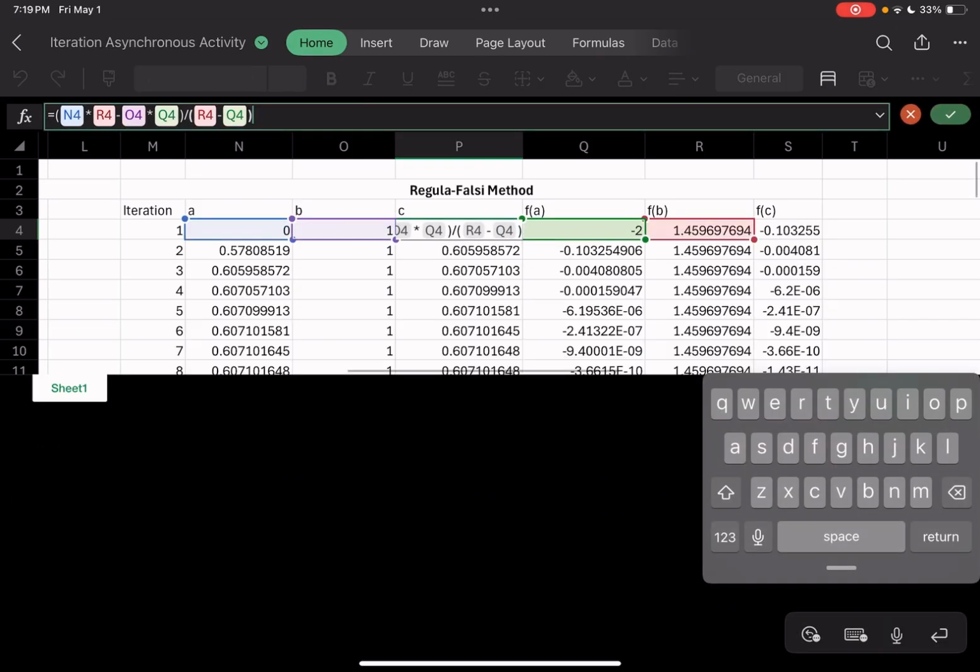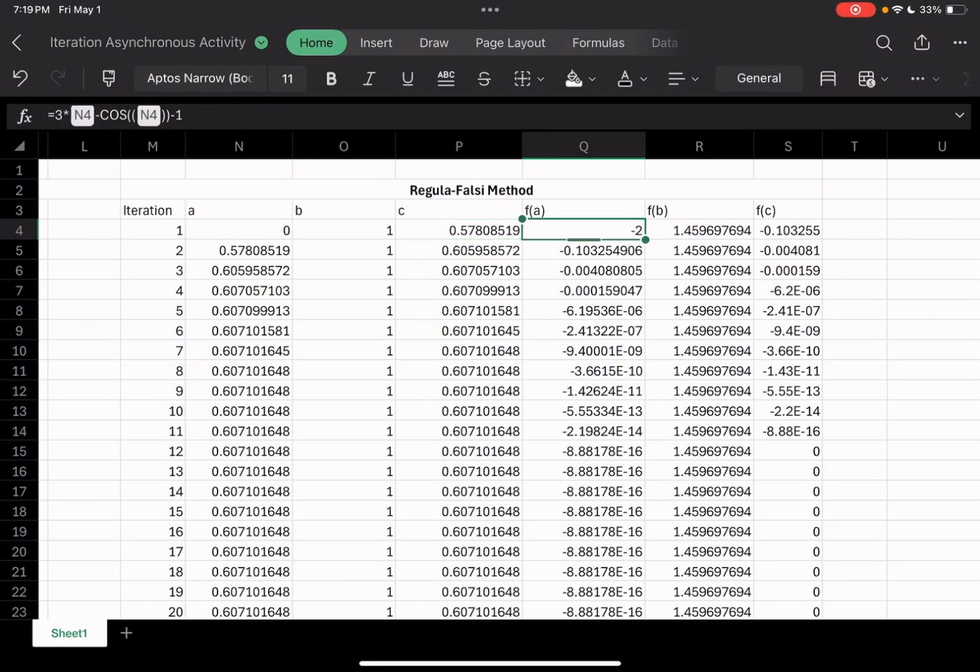That would simply be our A, which is N4, multiplied by our F of B, minus our B, which is O4, multiplied by our F of A, which is Q4, and divided by F of B minus F of A.